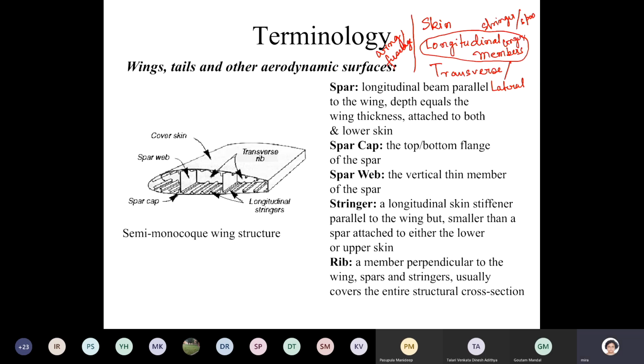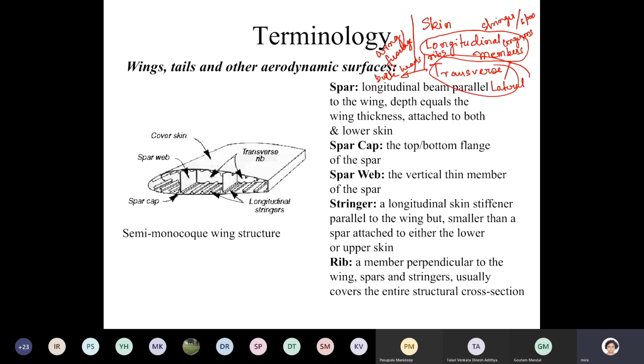The transverse members can be bulkheads or ribs.